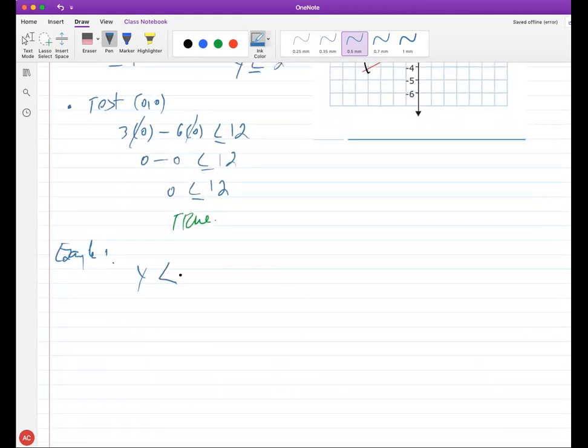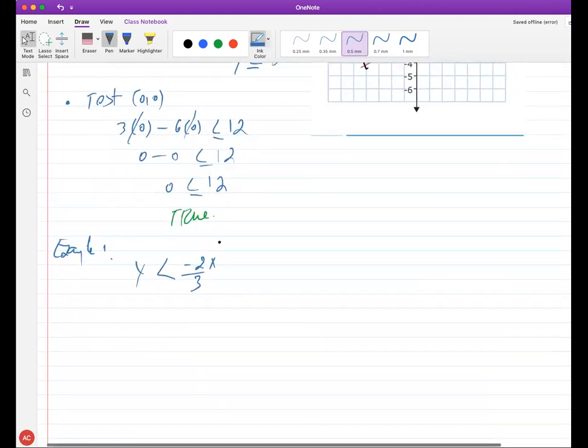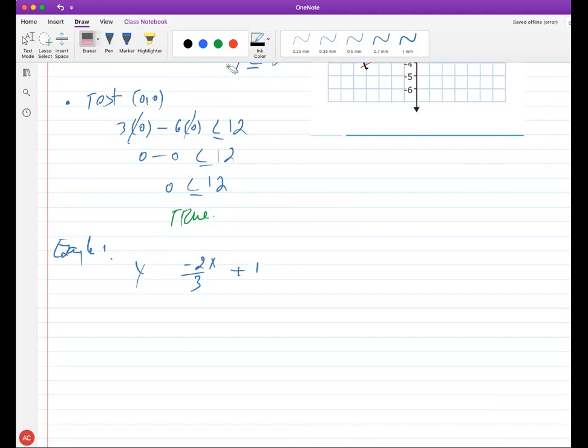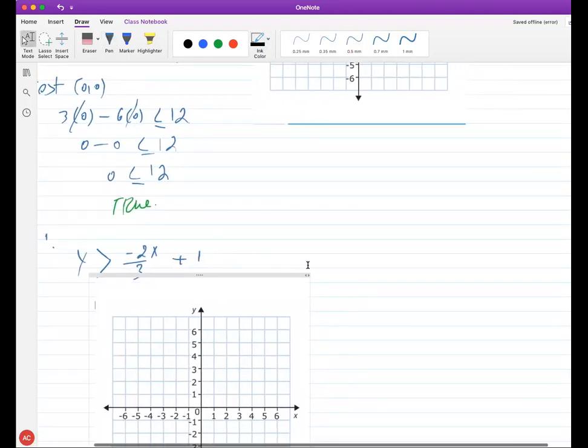Let's say y is less than negative 2x over 3 plus 1. Okay, let's do this other example, same way. So we're going to need a graph.